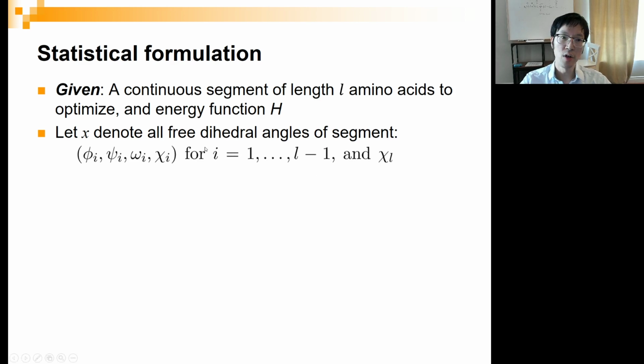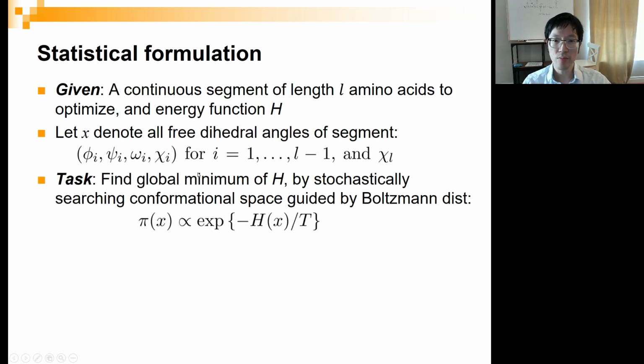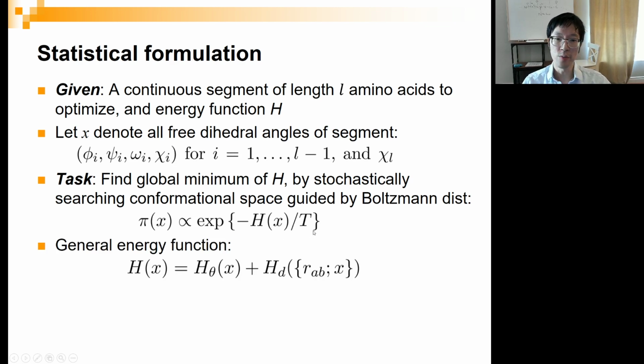So we have this quadruple of angles for each amino acid in the segment. And so back to the main task. Well, we want to find the minimum energy and optimize this energy function, which we can view using the equivalent Boltzmann distribution, which I showed you earlier.